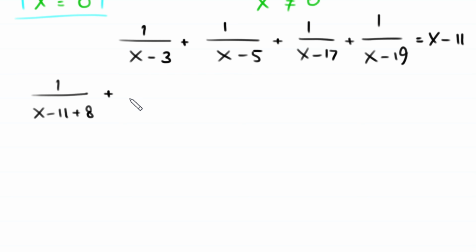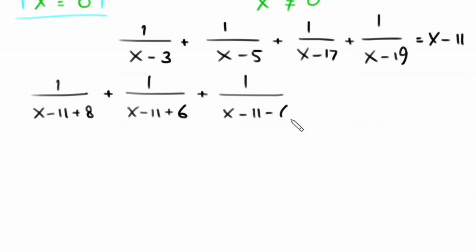We rewrite this x minus 5 as x minus 11 plus 6, plus we rewrite this 1 over x minus 17 as 1 over x minus 11 minus 6, and rewrite this x minus 19 as 1 over x minus 11 minus 8, equal to x minus 11.